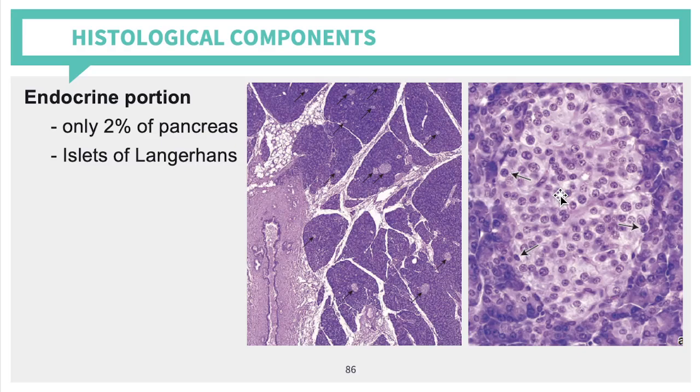In a routine H&E, we cannot identify them. It's just a normal cell here. This is now your islets of Langerhans, lightly stained and circular. Therefore, this is now the endocrine portion.